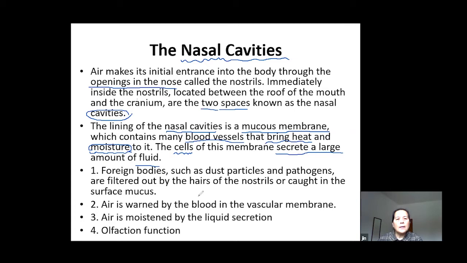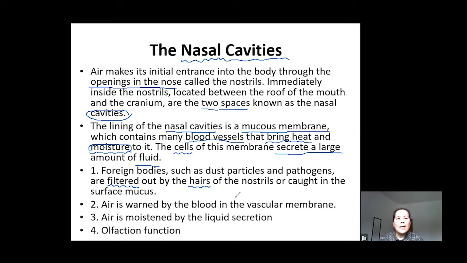So then, what happens in the nose cavity? The first function is the filter function, because inside the nose cavity, we have a lot of small hairs, like body hair.